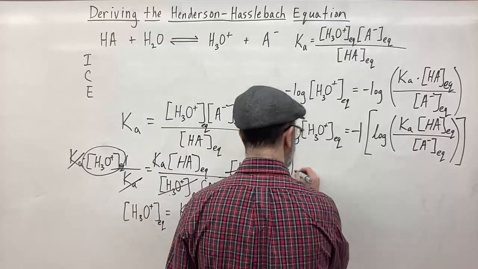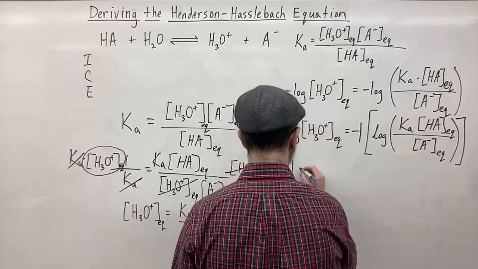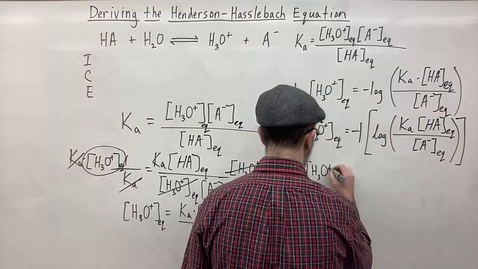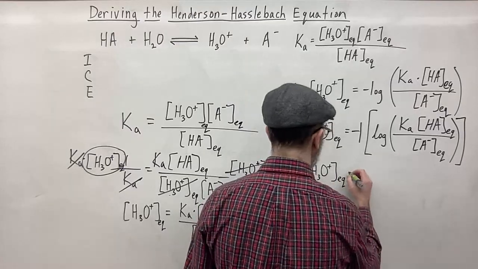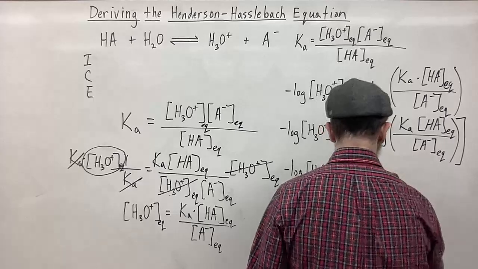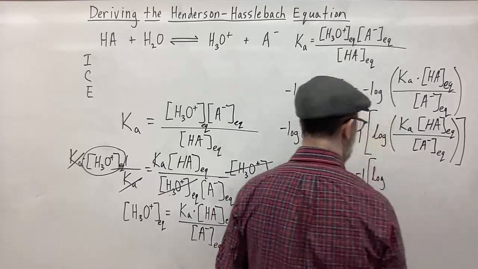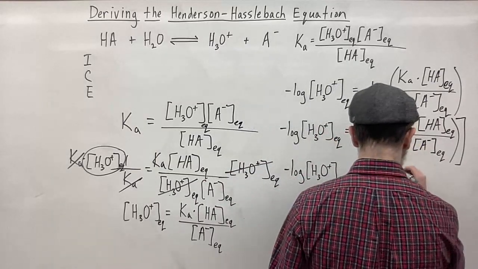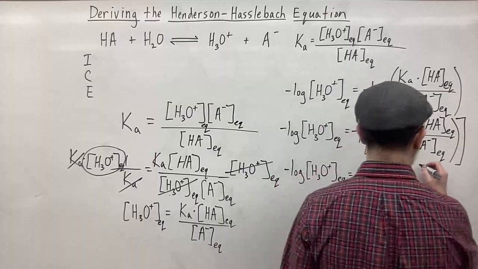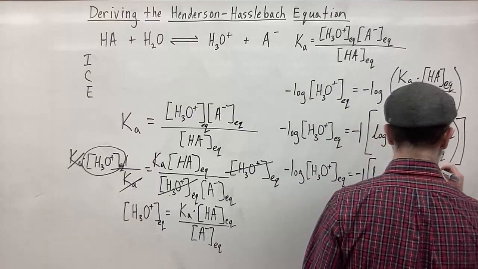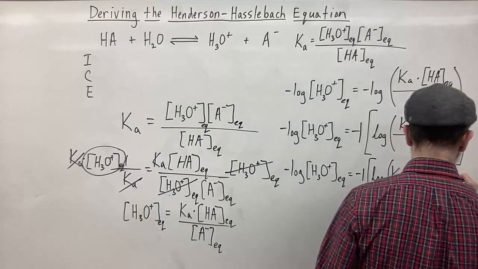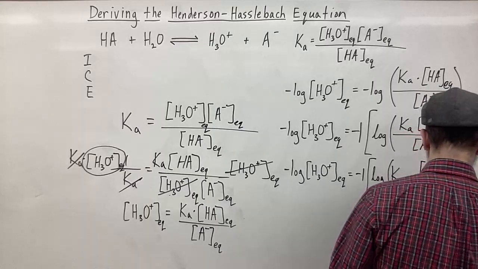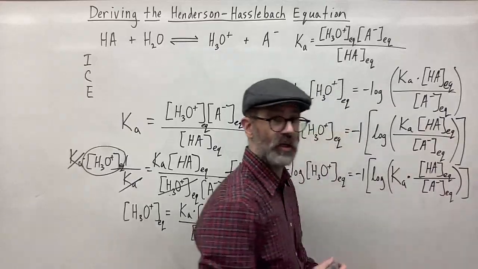So I have negative log of H3O+ equals -1, square brackets, log of Ka multiplied by the ratio of the HA concentration at equilibrium over the concentration of A- at equilibrium, and then close the brackets that way.